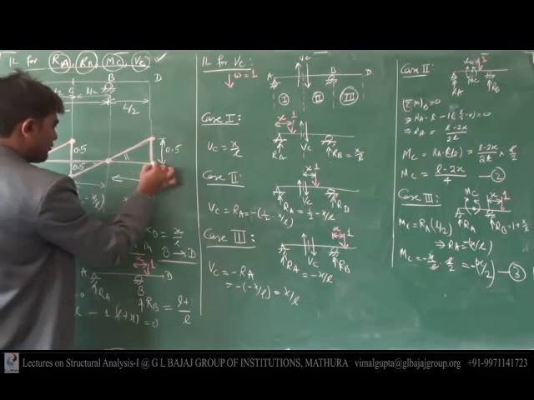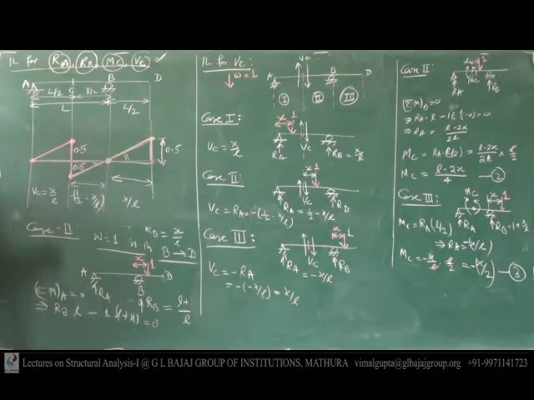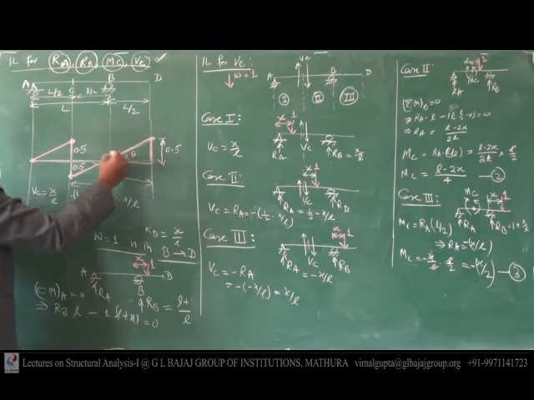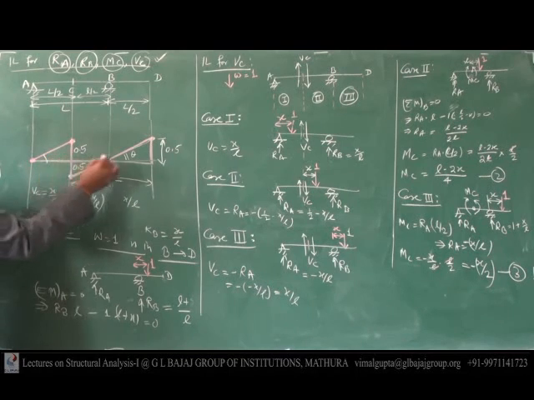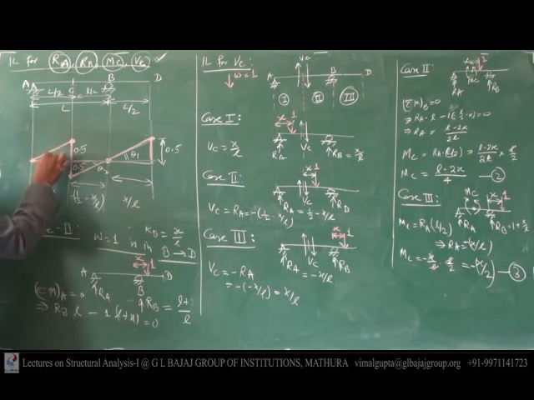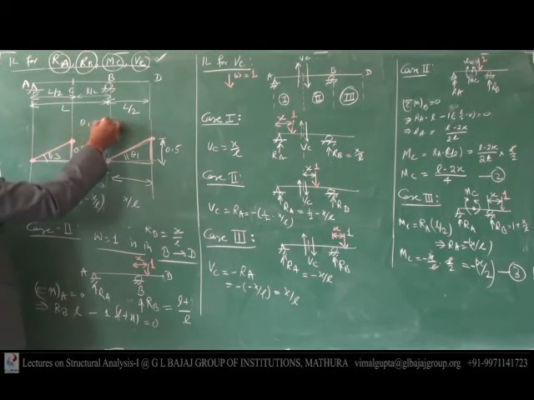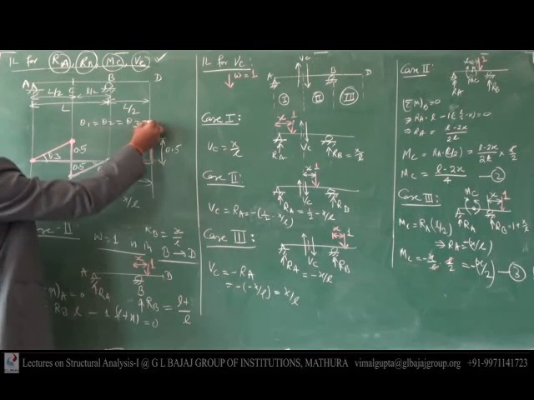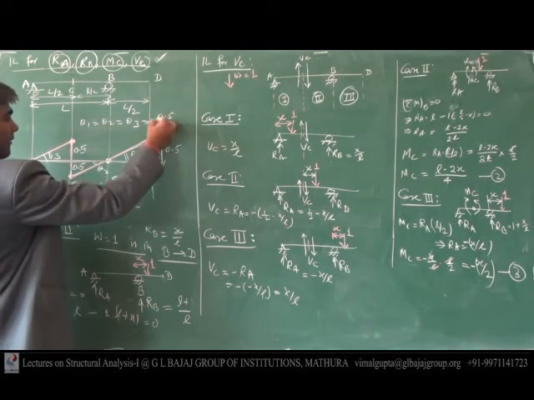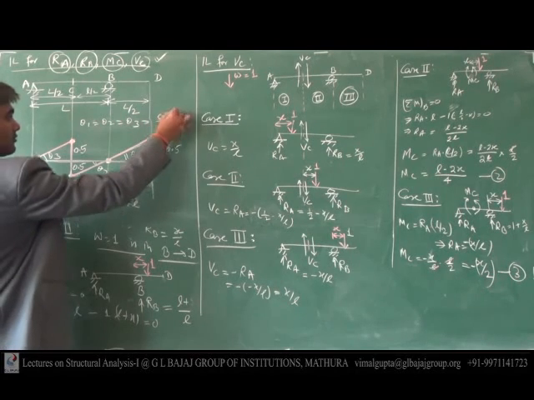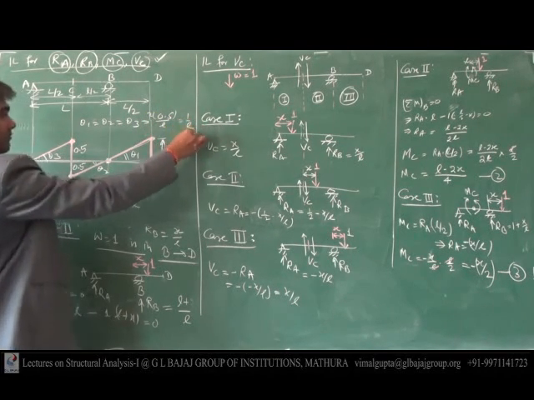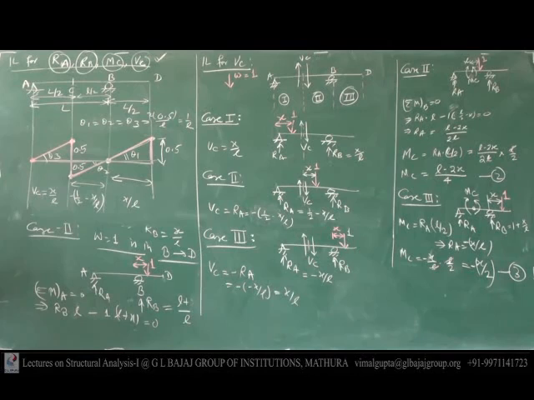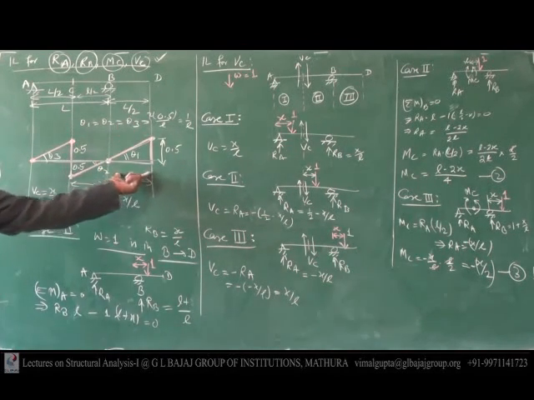Okay, join this. If you find this theta 1, theta 2, suppose theta 3, then you will get theta 1 equals theta 2 equals theta 3, and it will be the same: 0.5 divided by L by 2, 1 by L.